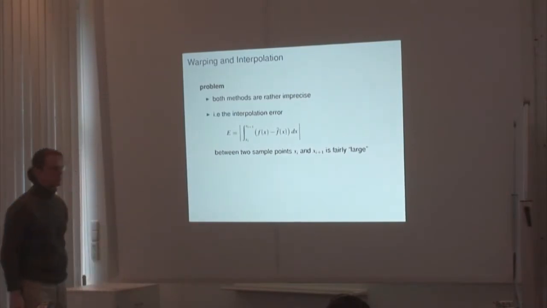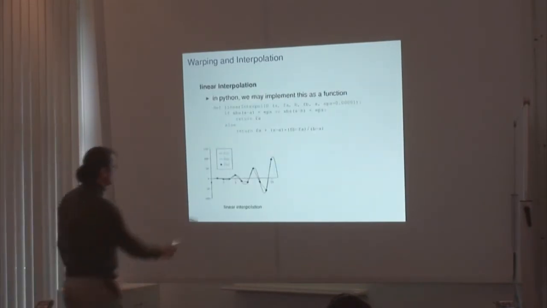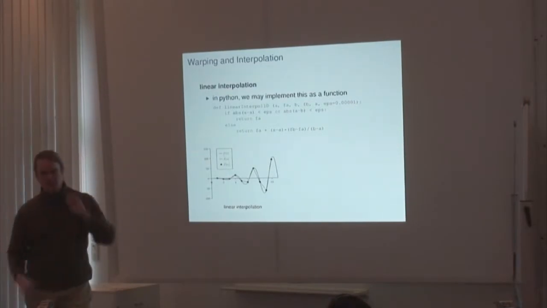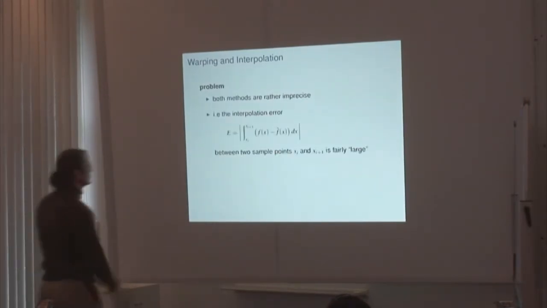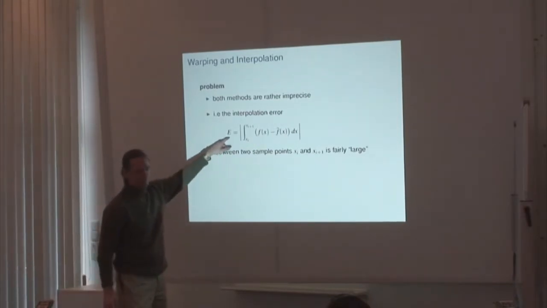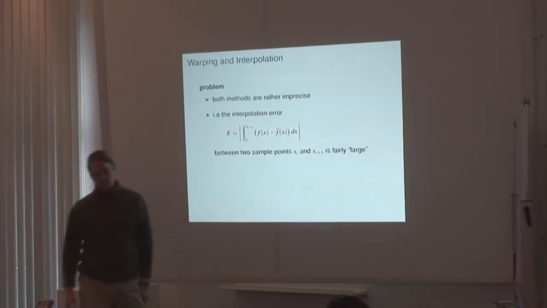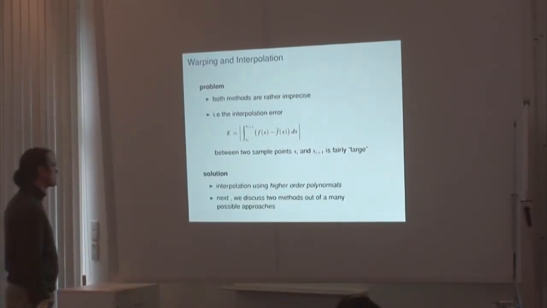This is a way of computing the quality of the interpolation in between any two sample points. We have to compute lots of these things, but we can do that if we would want to. We don't, but if we were to do it, we would find that this value E is fairly large. This is poor. We want to do better.